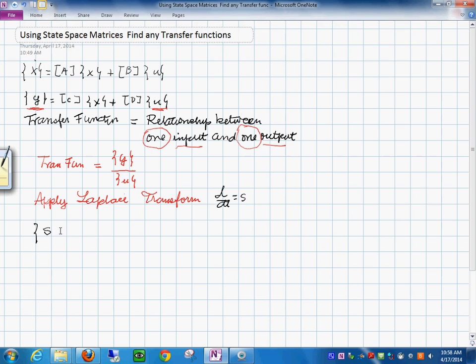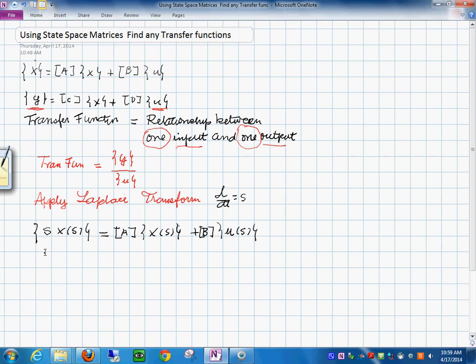If we apply it, s times X of s is the first one, and this is going to be equal to A times X of s, plus the matrix B times the input U of s. This is the application of the Laplace transform to the first equation.